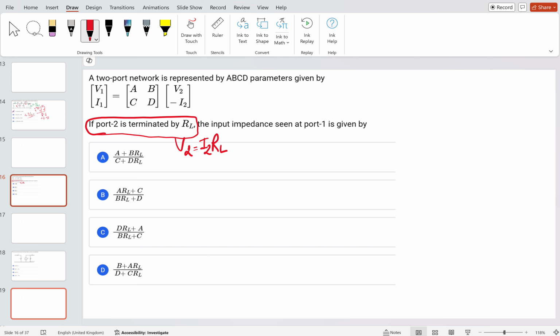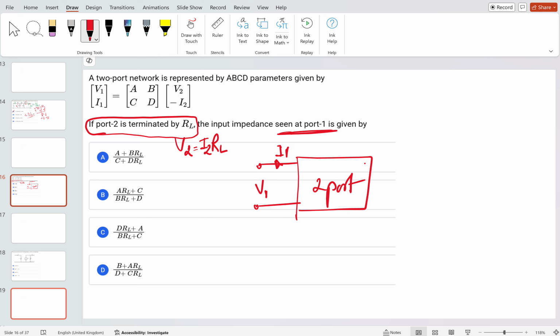And when you're seeing from the input port side, here also there is a catch. Suppose this is the two port network, and this is the V1 here and I1 here, and this is the V2, and the I2 is coming into the system here. It is like this.